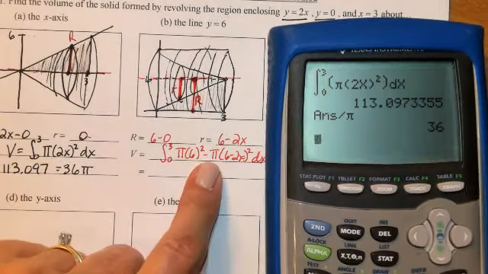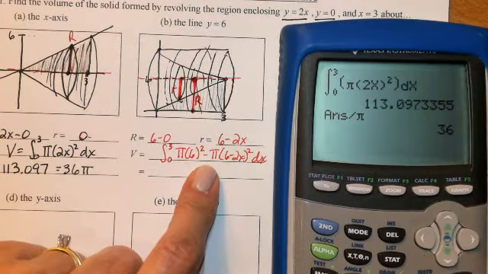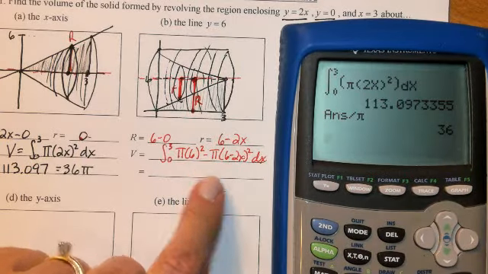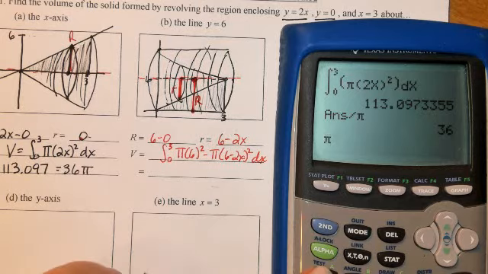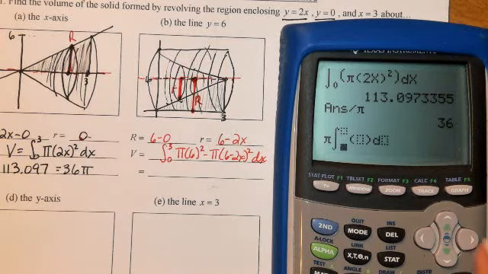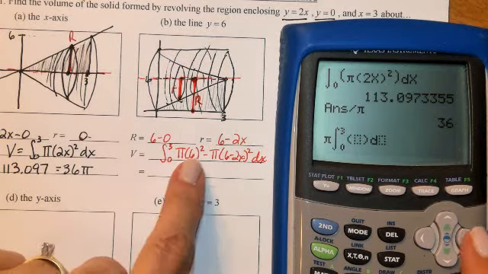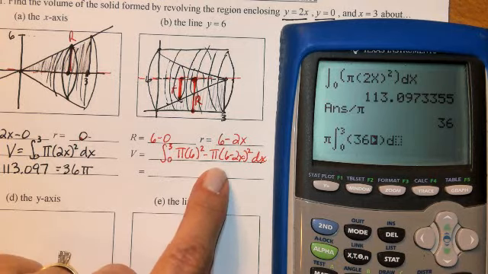Now I might want to go ahead and pull out that pi. So I'm going to do pi times the integral from 0 to 3 of (36 minus (6 minus 2x) squared) dx.